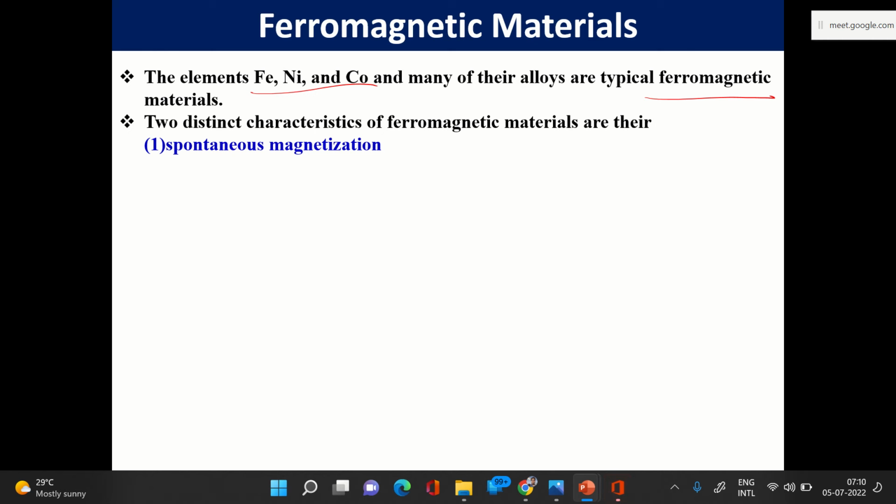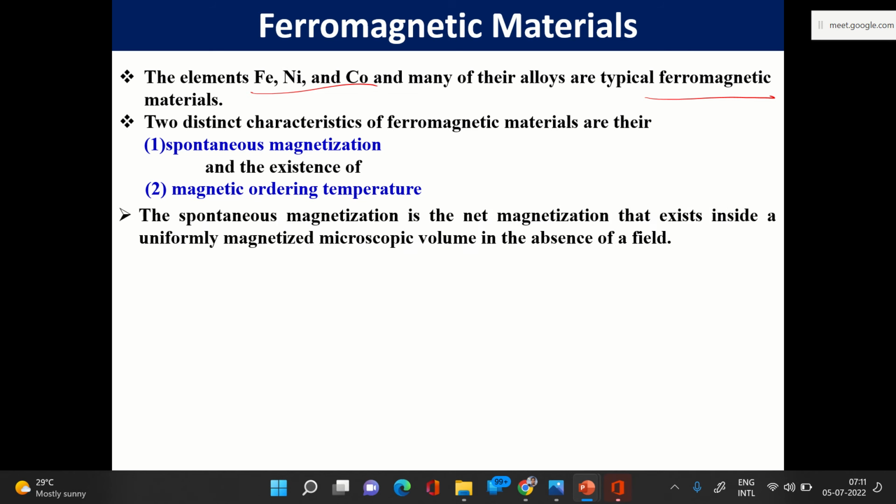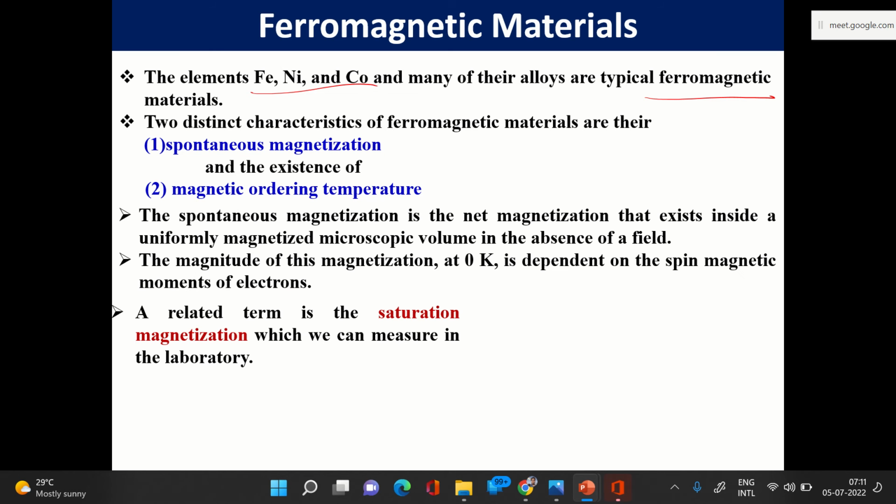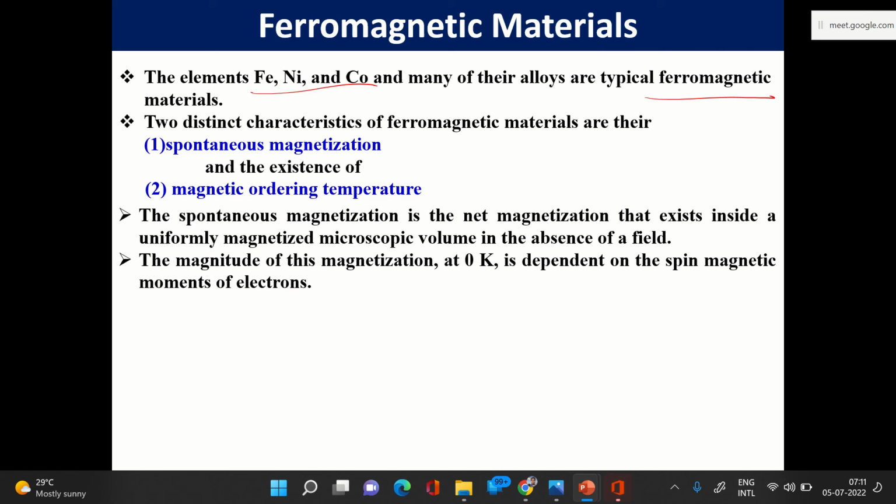There are two distinct features: spontaneous magnetization, and the existence of a magnetic ordering temperature, a temperature below which there will be alignment of the spins. At a very high temperature, all the spins get randomized, with no alignment. That is the Curie temperature. We will discuss it in a while.